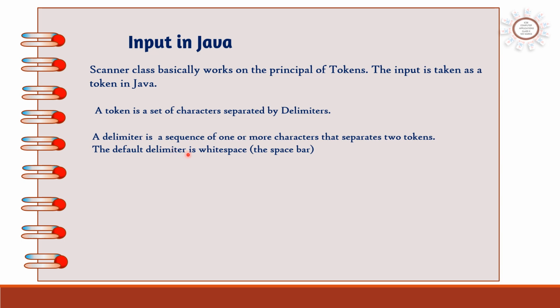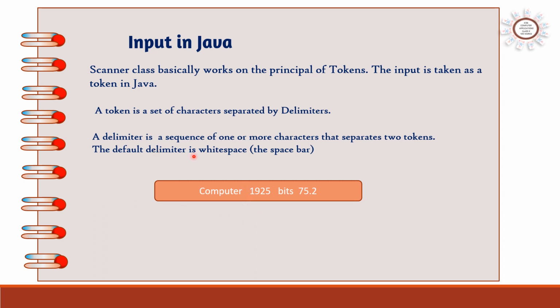And the default delimiter is the white space, the space bar. So here we can see a set of characters coming, computer, and then groups of numbers coming, 1925 and 75.2. Each group is separated by the white space, and in the Scanner class, this white space is the delimiter.